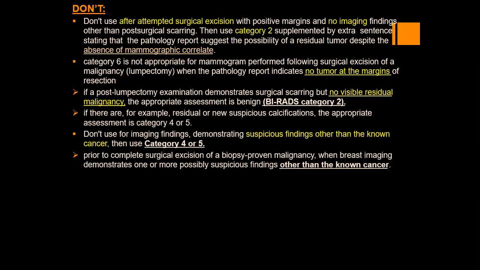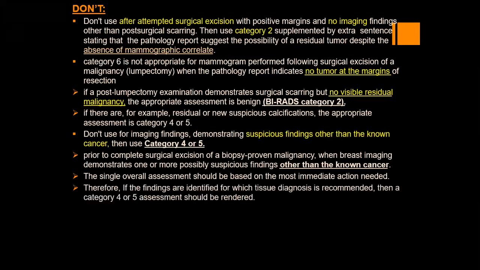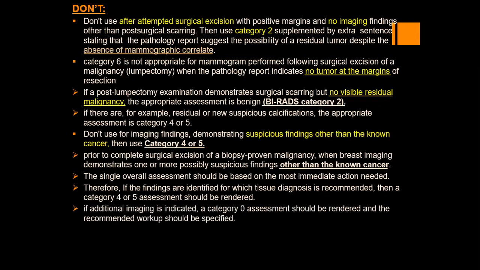If we have seen another lesion other than the known cancer, then we have to consider it, and the most immediate action should be taken. That is why we should report it as either 0 or 4 or 5, okay? And if we report it as 0 and it turns out to be nothing, then we will report it as BI-RADS 6. But if it turns out to be suspicious, then we will report it as BI-RADS 4 or BI-RADS 5.